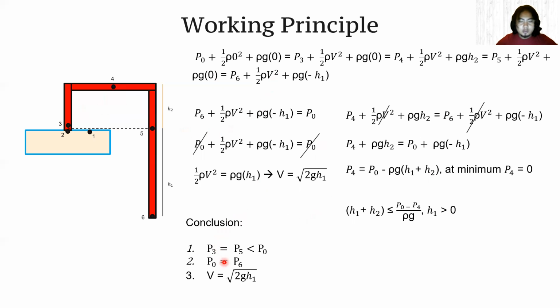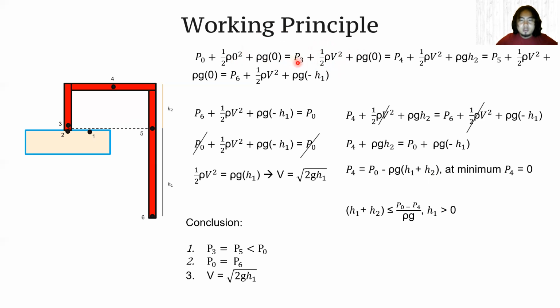And as the conclusion here, P3 is equal to P5, and it is less than P naught, because if we take this part, this is P naught plus 0 plus 0, and then P3 plus half rho V squared plus 0, and then we move this term here.